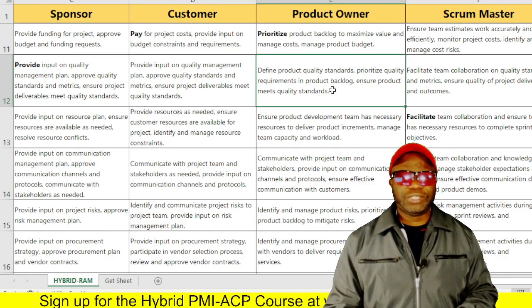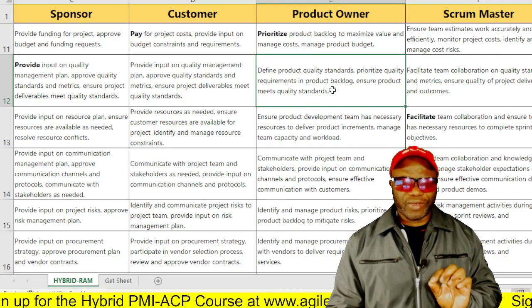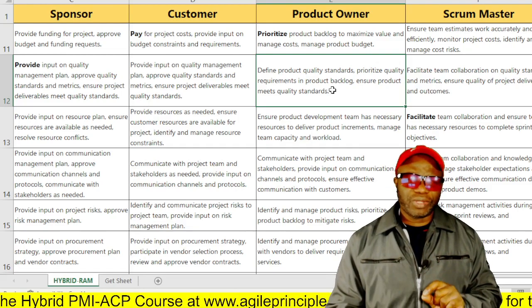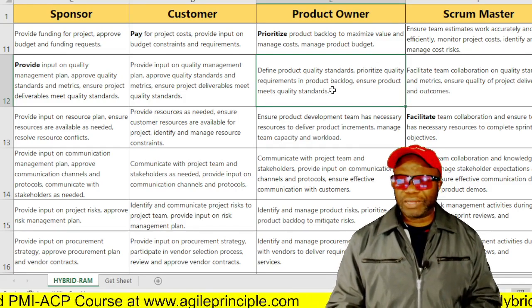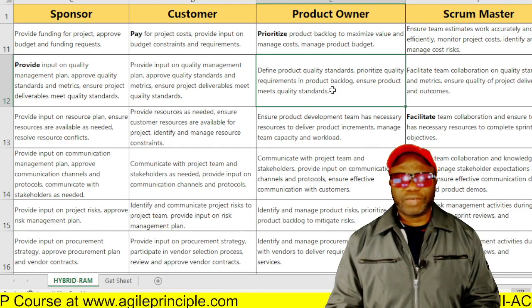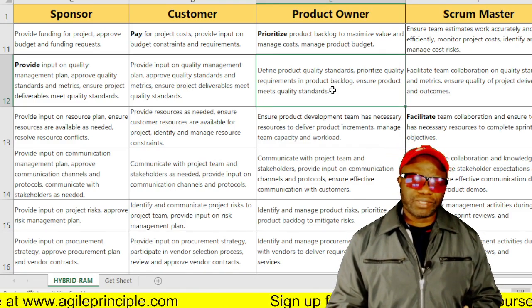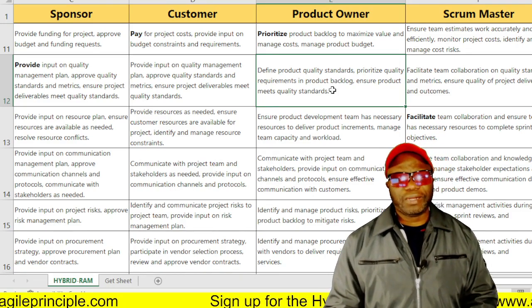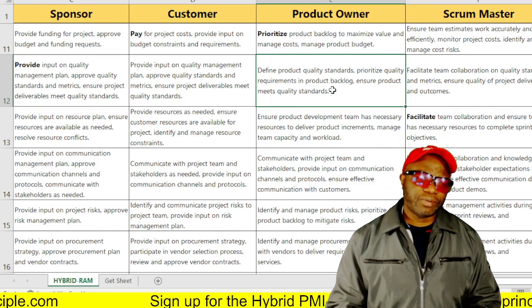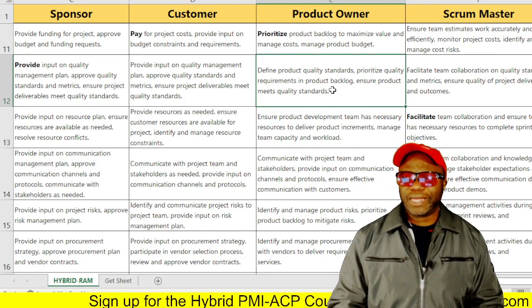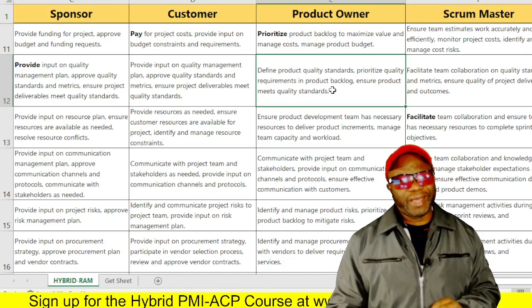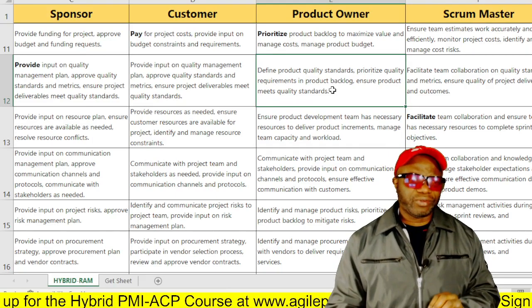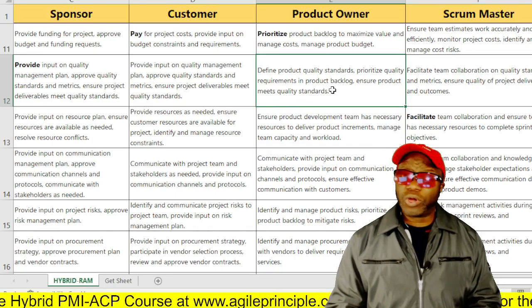So we do need to think about the definition of ready as far as those stories. Do they meet the definition of ready before we begin working on them? So for the definition of ready, a good acronym is the INVEST acronym. So independent, negotiable, valuable, estimable, small enough to fit within a sprint, and testable. Those could help guide you as far as the quality level of those stories before you begin working on them.